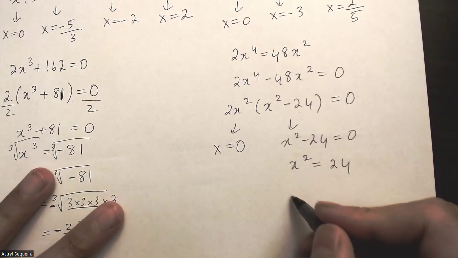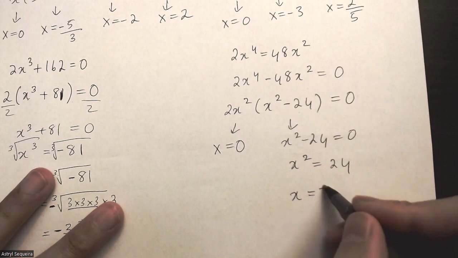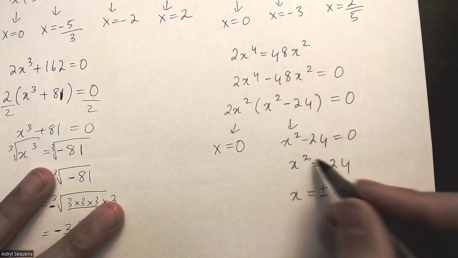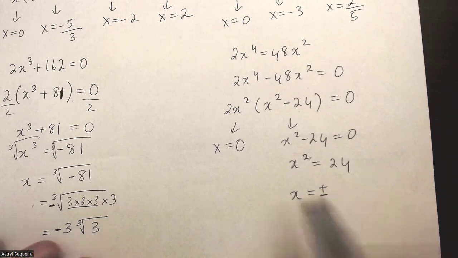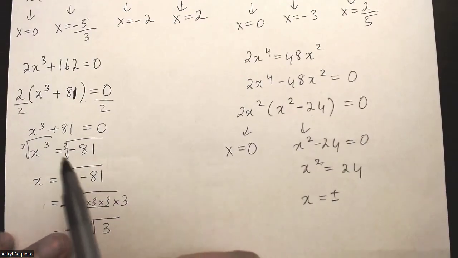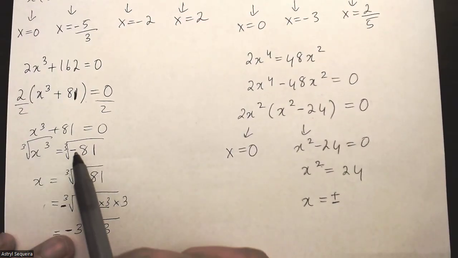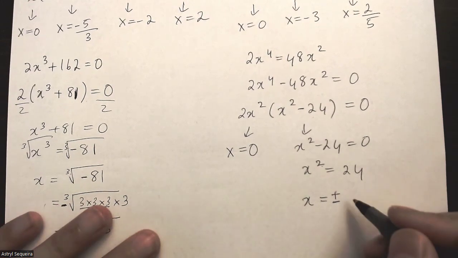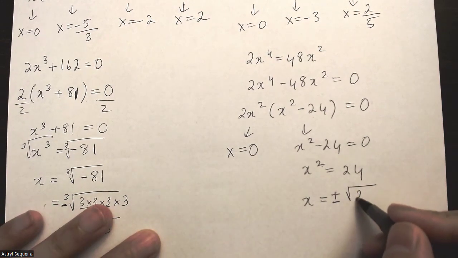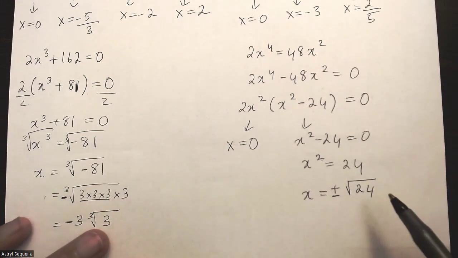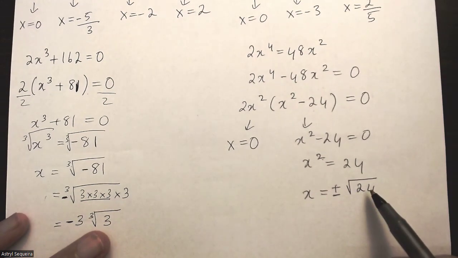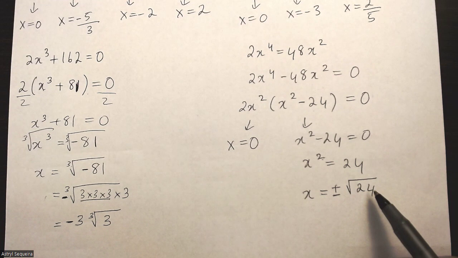When I square root, remember it's going to create a plus or minus. Anytime you have an even root, it creates a plus or minus. If you have an odd root, it doesn't create a plus or minus. You just use the same sign as the other side. So plus or minus root of 24. And root of 24 can be simplified.